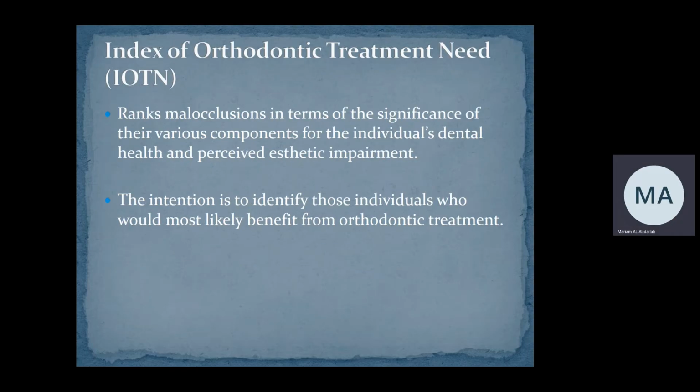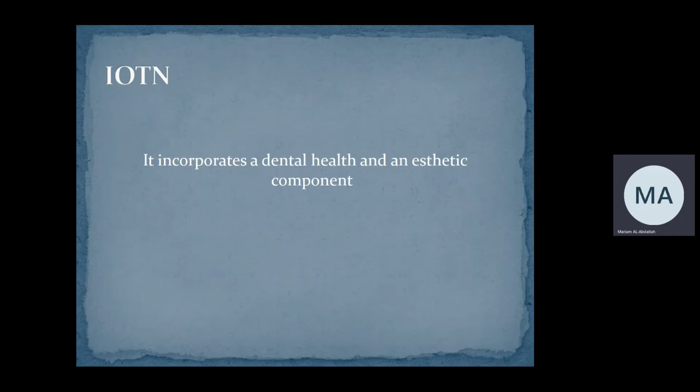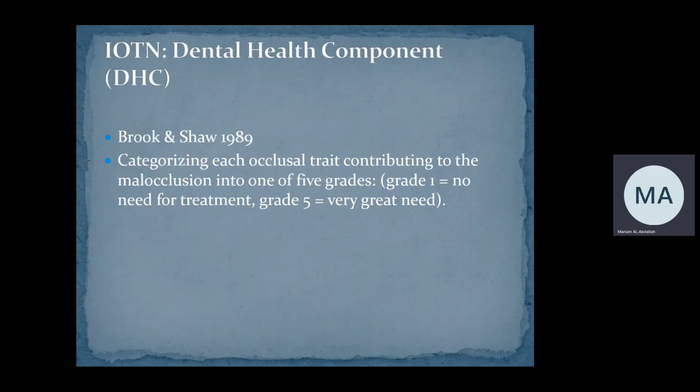The IOTN is the Index of Orthodontic Treatment Need. It's an index that was introduced to identify patients who have a priority for treatment, and it has two components: the dental health component and the aesthetic component. The dental health component relies on certain features.